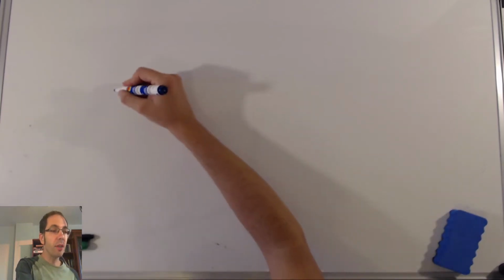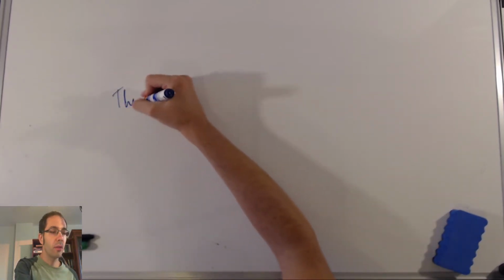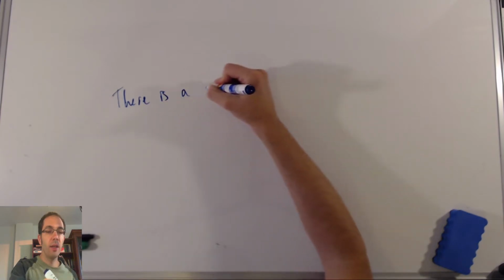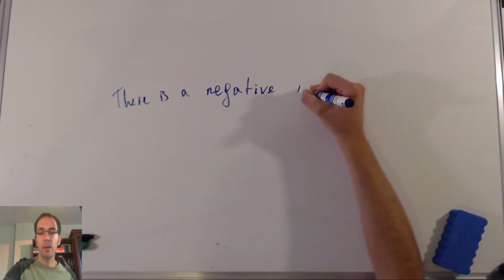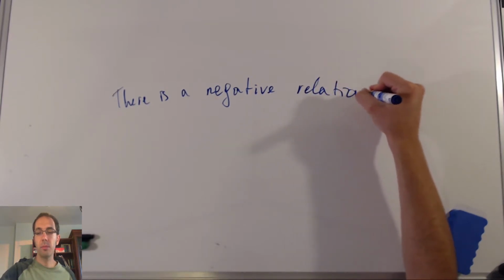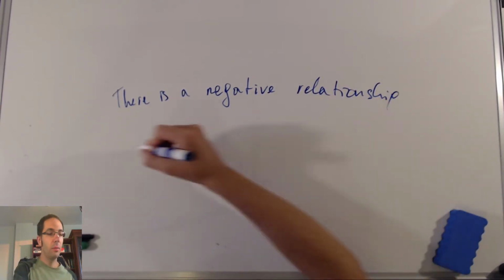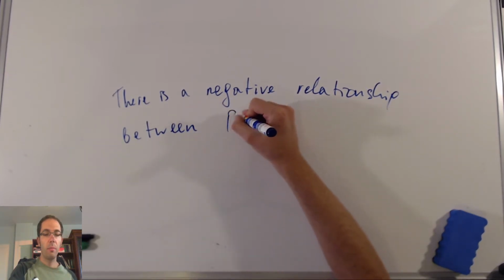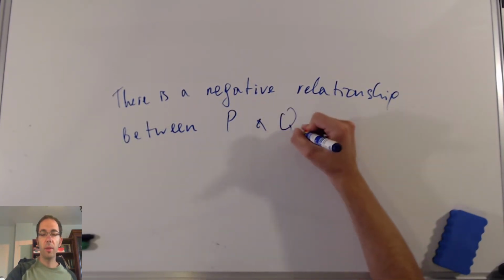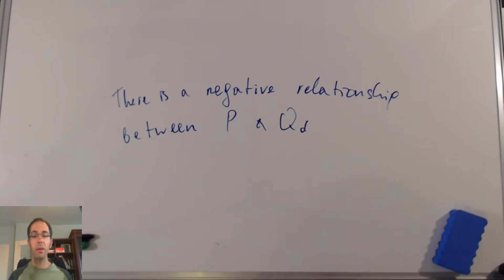So we are saying that there is a negative relationship between P and I'm going to call it QD for quantity demanded. Not D, but QD. And later on we'll see why.